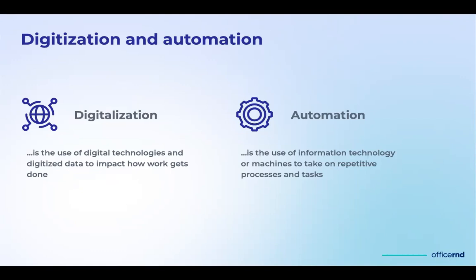When we talk about digitalization, we actually mean the use of digital technologies and digitalized data to impact how work gets done, while automation is focused on the usage of information technology or machines or hardware to take on repetitive tasks and processes so that your team can have more time to focus on the more important stuff.